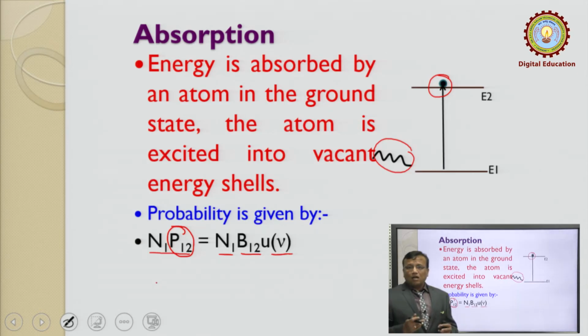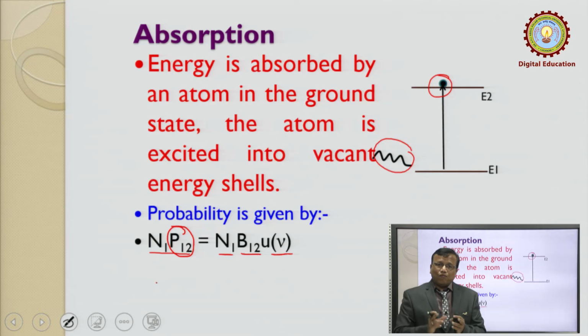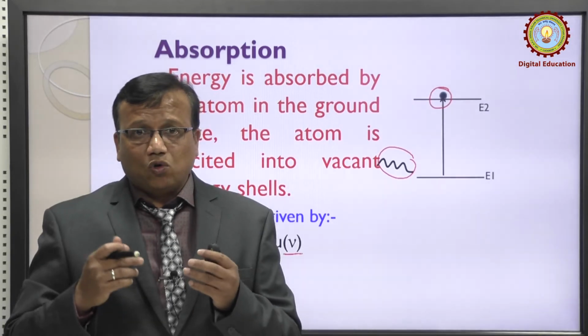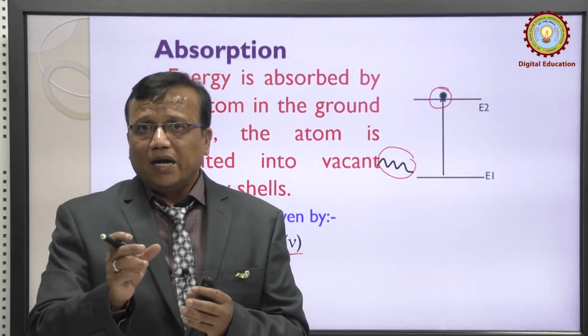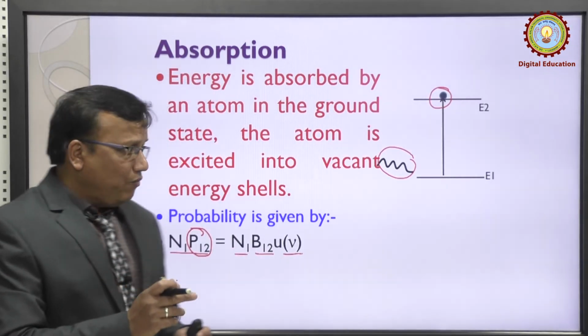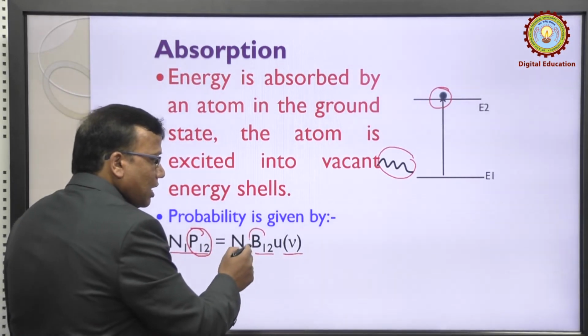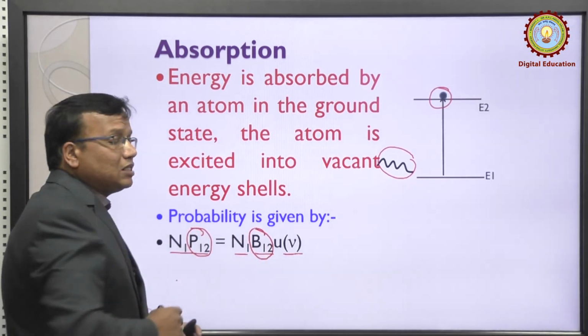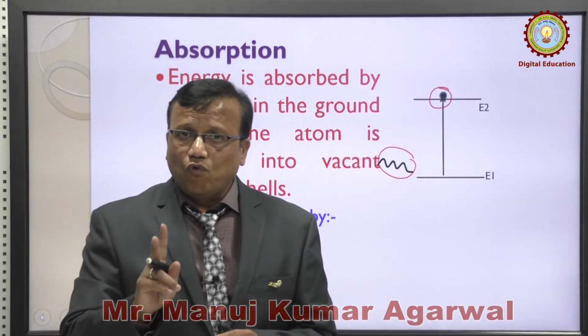N1 again is the number of atoms in the ground state, U nu is the energy density, the function of the energy given to the atoms in the ground state, and B12 is the Einstein coefficient. It means the probability depends on factors.